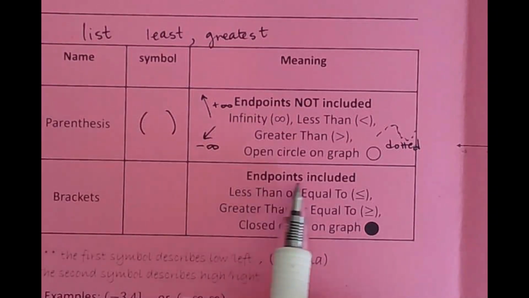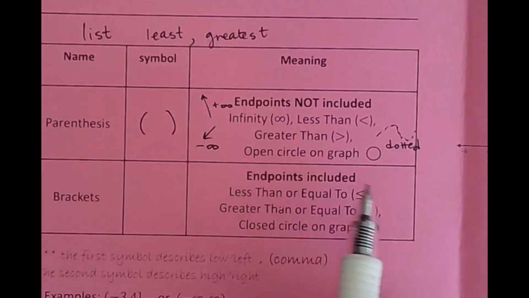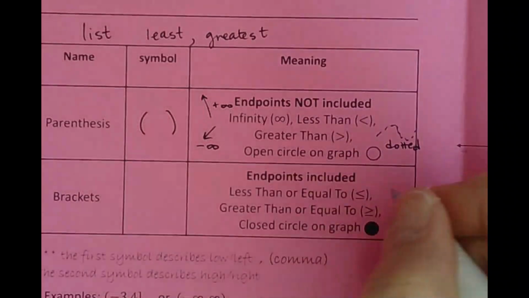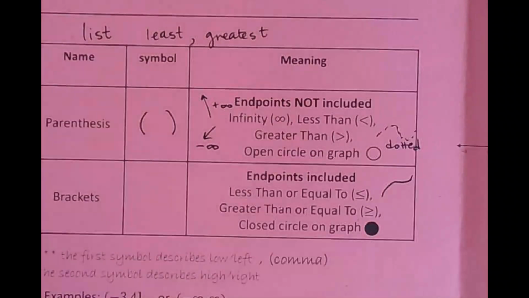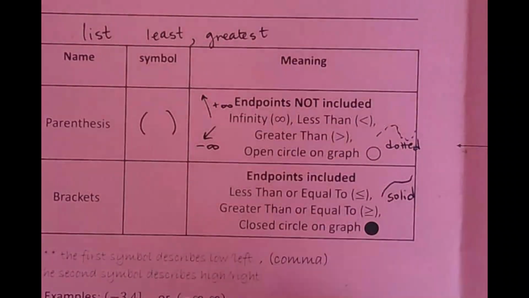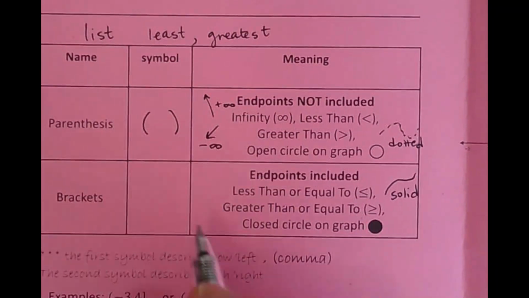If the endpoints are included, so you have a solid dot or a solid curve or line, if you would use a less than or equal to, or a greater than or equal to, if you were writing an inequality, then we'll use these square brackets.